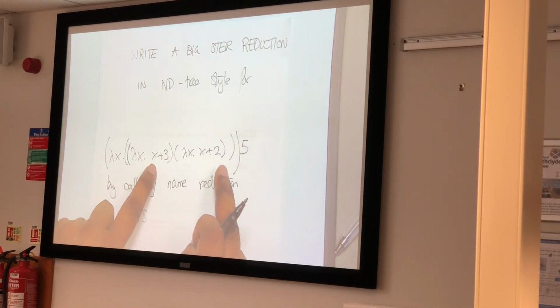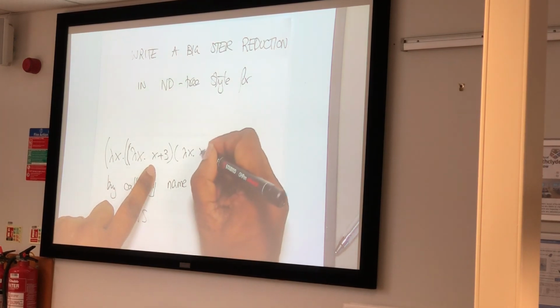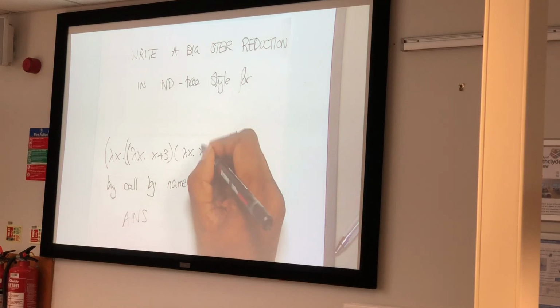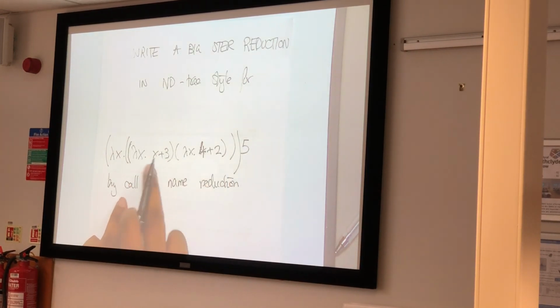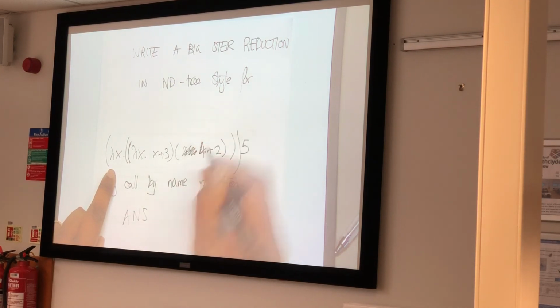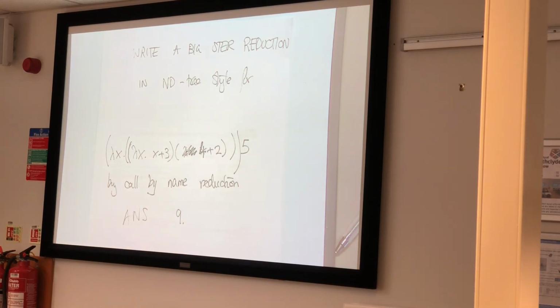So instead I will get, let's call that 4. Right, so when I put this in here, I'll get 4 plus 2 plus 3, which is 4 plus 2 is 6, and 3 is 9, so I'll have lambda x dot 9 applied to 5, so I think the answer is 9. Okay, is that clear?